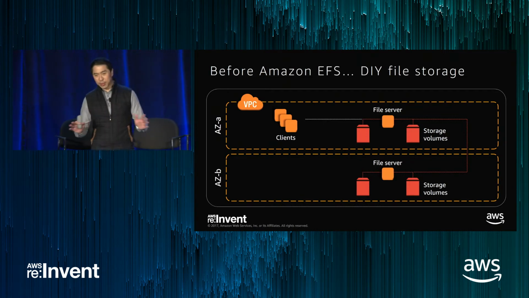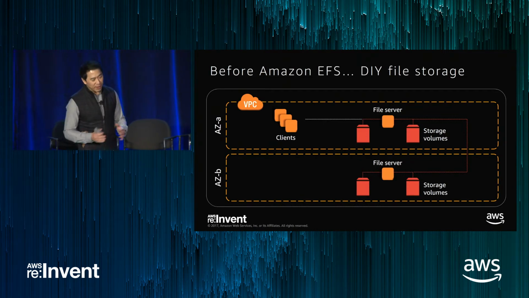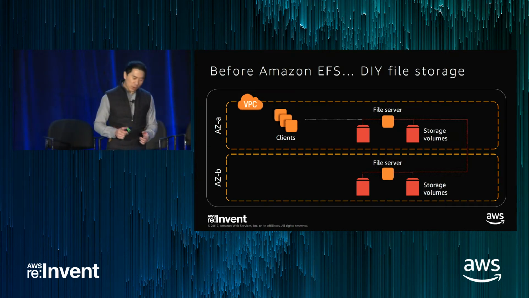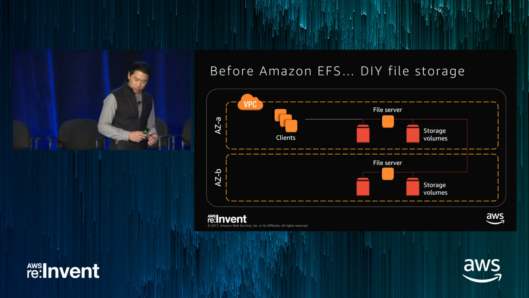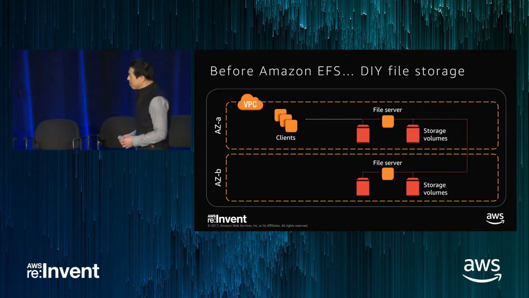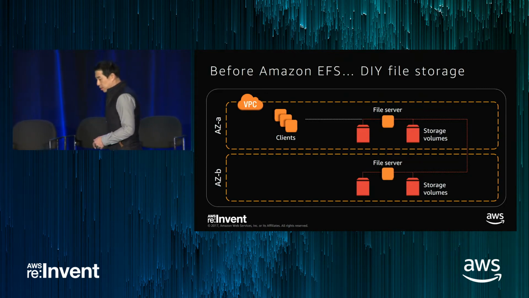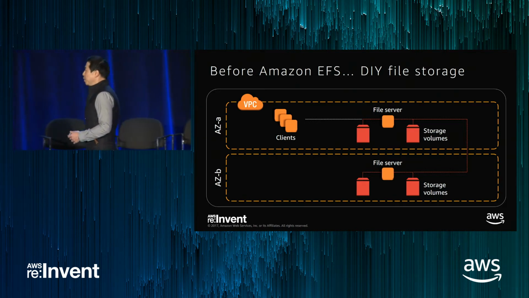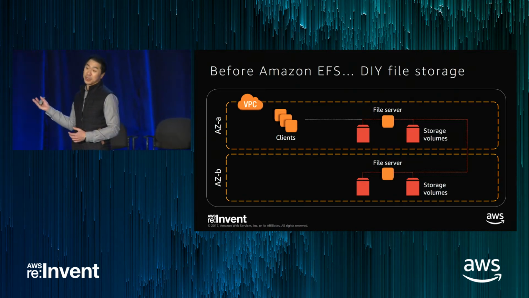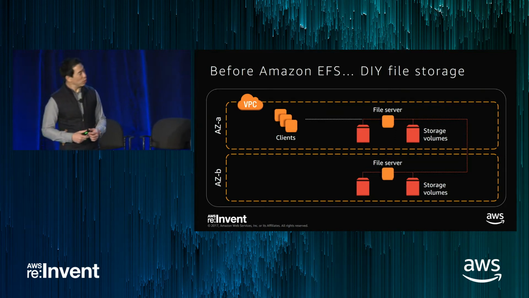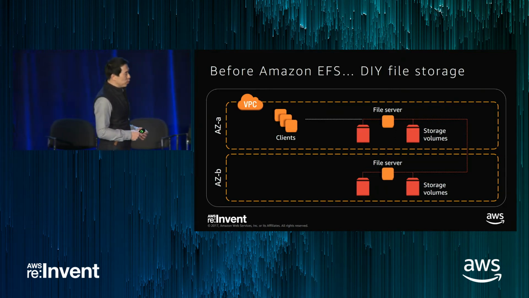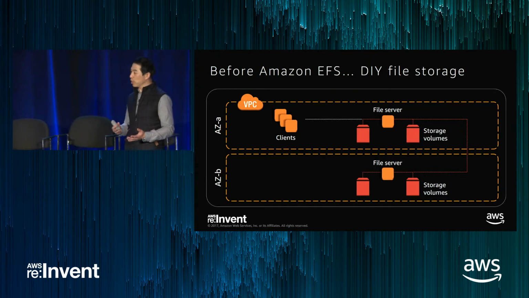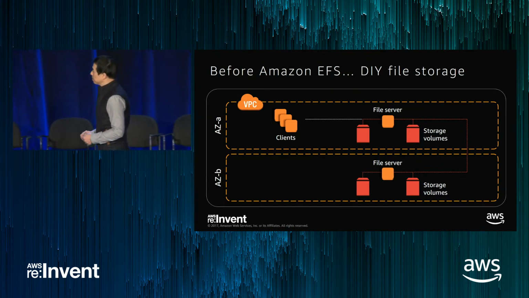So you're all here because you're interested in seeing how file storage can apply to your workloads. And we launched EFS about 1.5 years ago. Before EFS was available, if you wanted shared file storage on AWS, you had to do it yourself. This is typically what we found customers were doing. You would need to set up an EC2 instance with one or more EBS volumes, depending on your capacity.